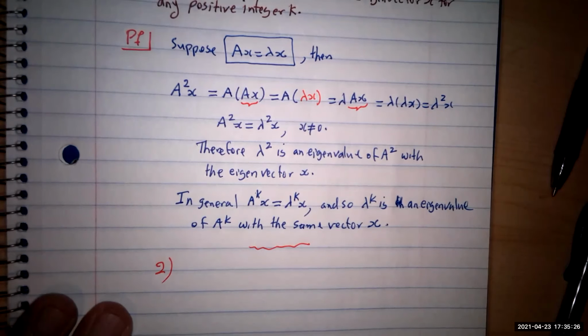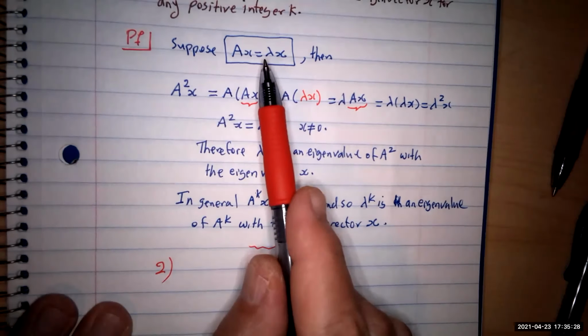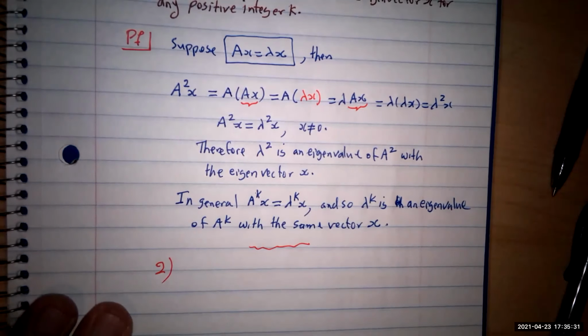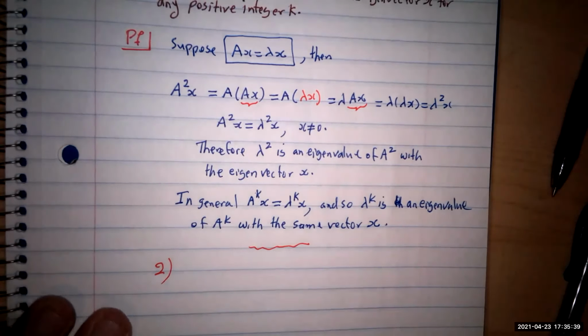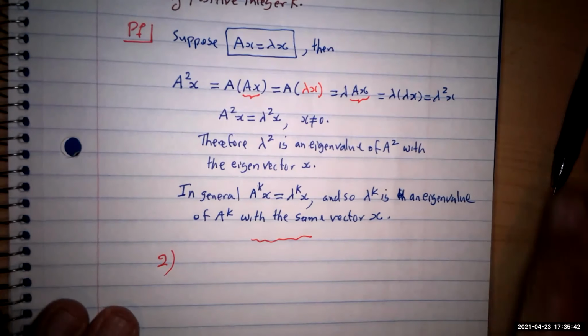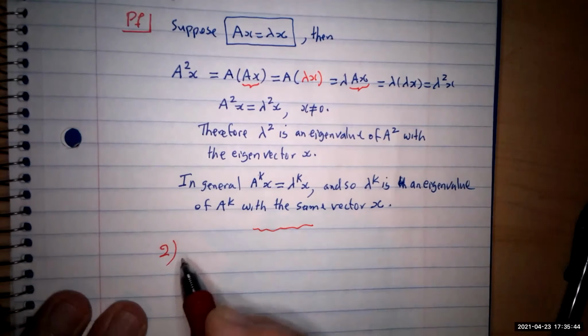We can prove that 1 over lambda is going to be an eigenvalue of A inverse, again with the same vector. So this is the second that we are going to check.